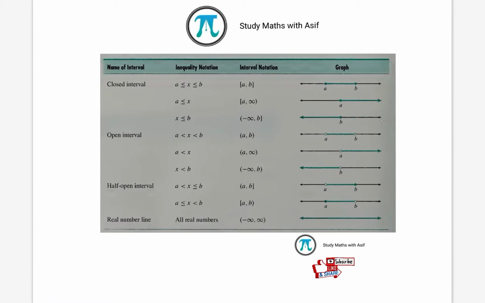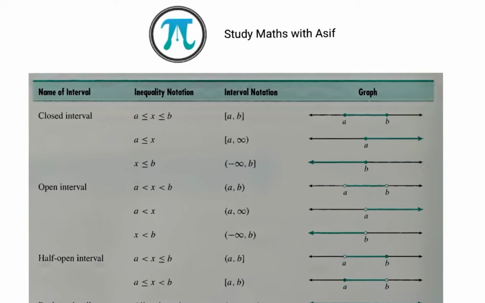So you see the definitions of the intervals are now on your screen. Please read first. It is the closed interval, then the open interval, the half open interval, and then finally the real line. If I talk about the closed interval, it is denoted by square brackets.